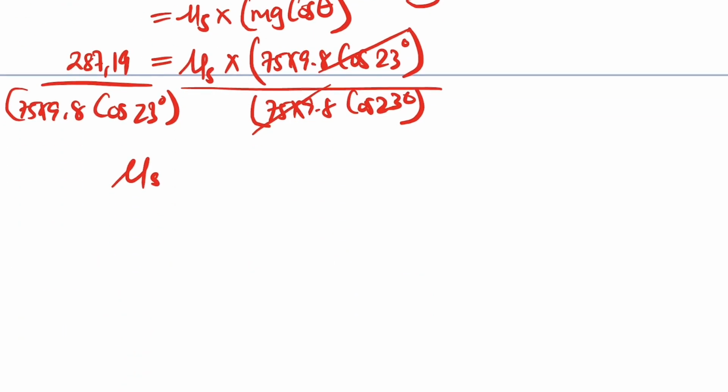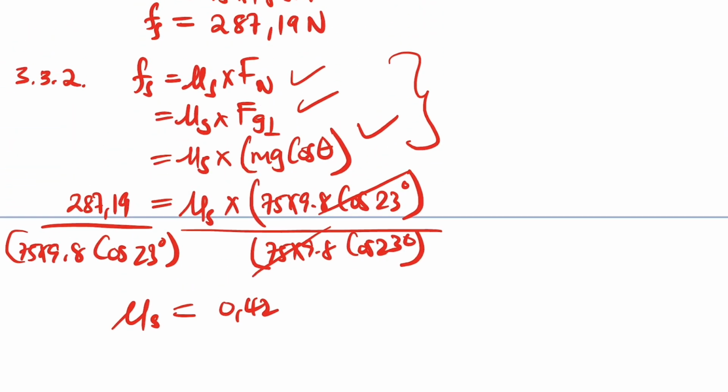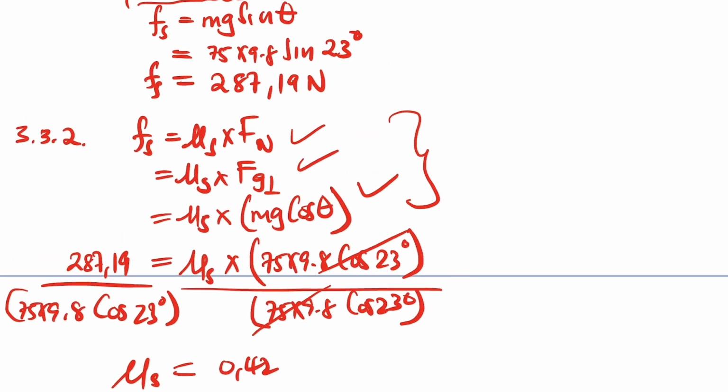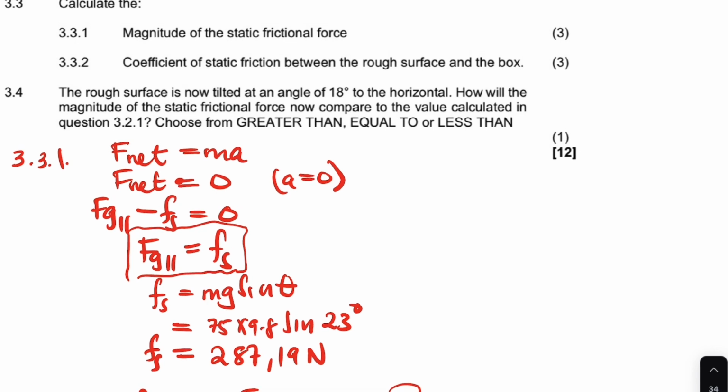When you punch that in the calculator, you'll say 287.19 divided by 75 times 9.8 times cos 23. So our mu s is 0.42. The mu s, guys, it's a ratio between forces. It has no units, so you leave it like that.